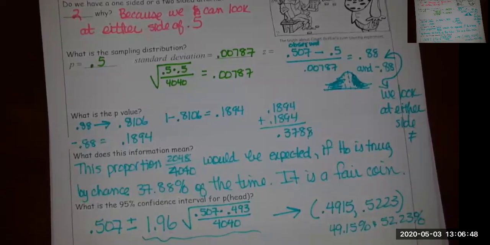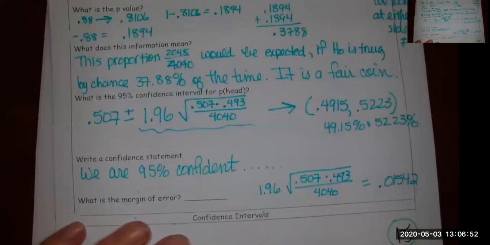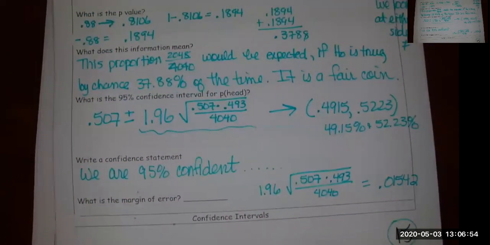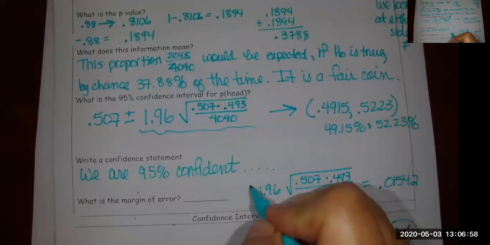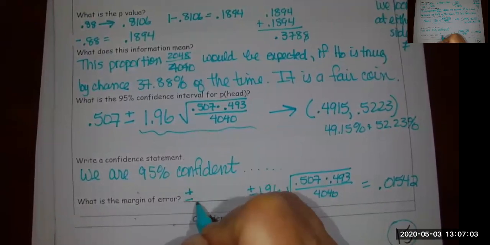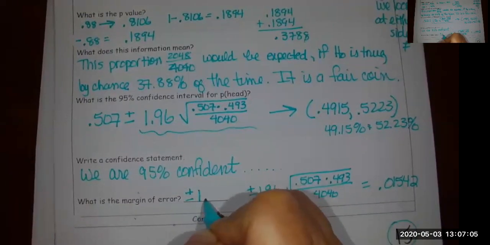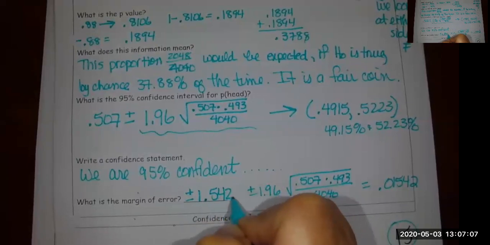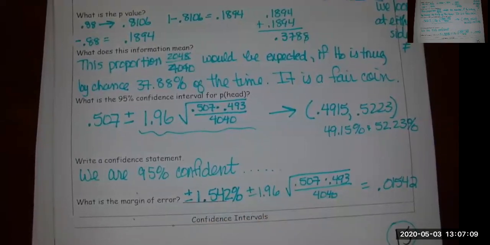And that is 0.01542. Again, please feel free to pause me and really type these into your calculator so you're okay with that, right? So the margin of error is plus or minus 1.542%. Not too bad, right? So we are very certain that this is good.